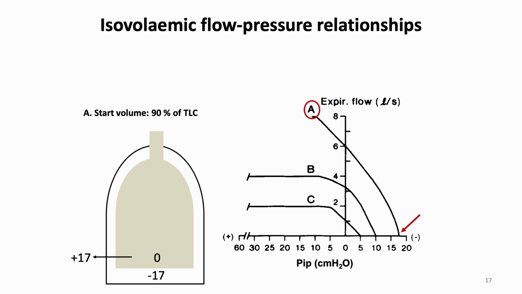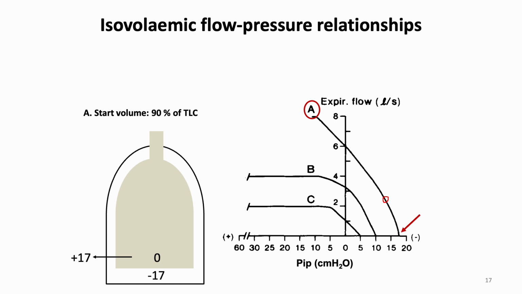Just for the sake of example, the first forced expiration is delivered with only a slight effort. So pleural pressure does not even become positive, but perhaps it becomes minus 15. And then this maximal expiratory flow is achieved.